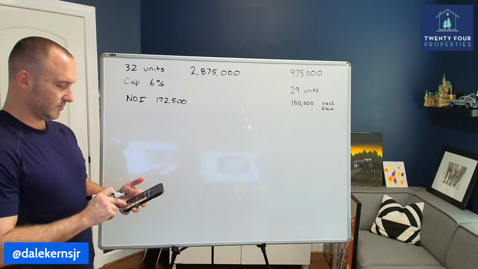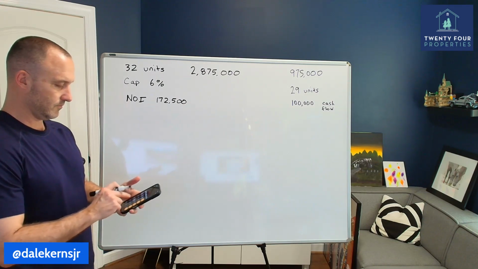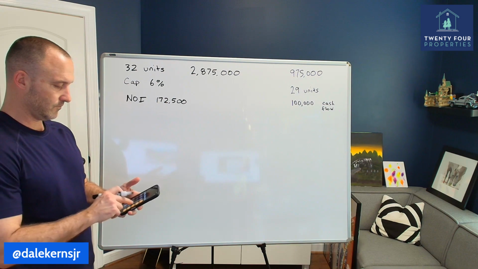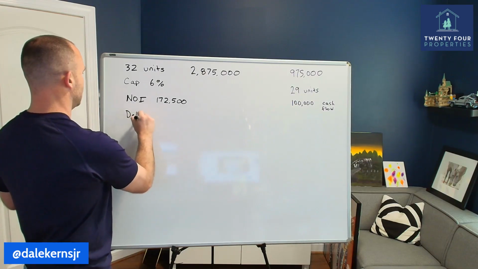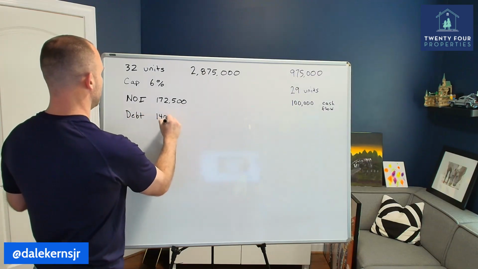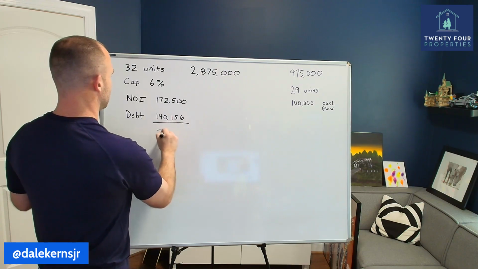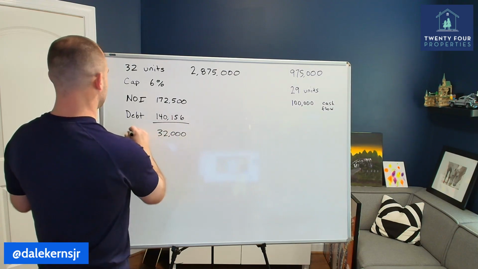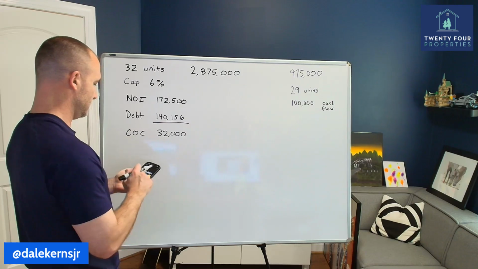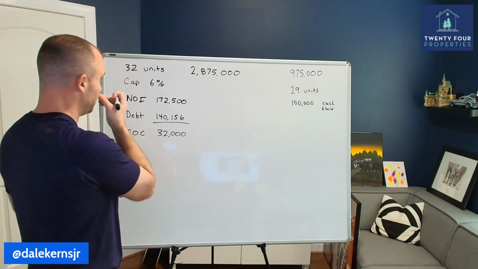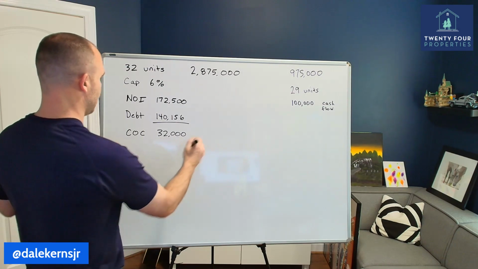So let's say we put down 25%. So our debt is going to be 140, 156, 32,000 cash on cash. About a 4.2%.